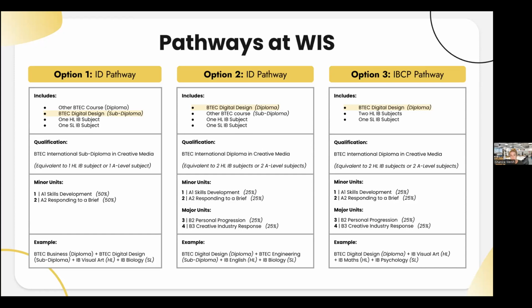Now, the difference between the ID pathway and the IBCP pathway in comparison with the IB diploma pathway, where they study 6 IB subjects, is that students don't have to choose a subject from every IB category. They can do any subjects at IB.